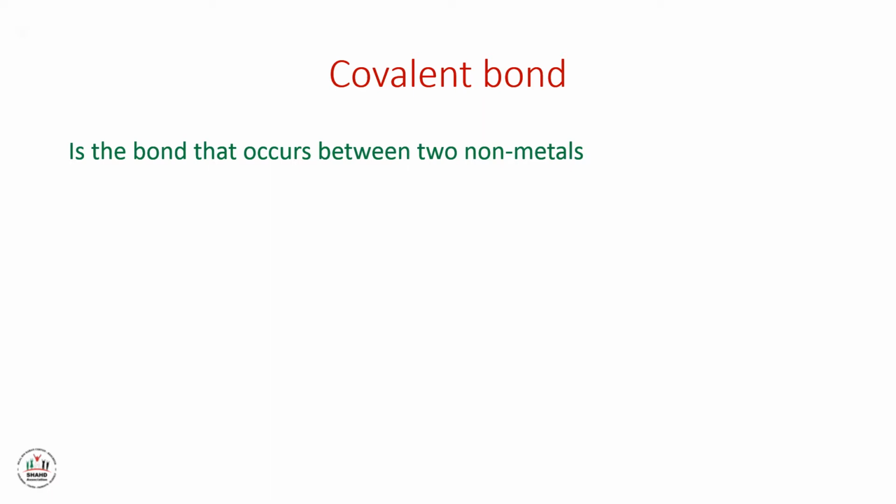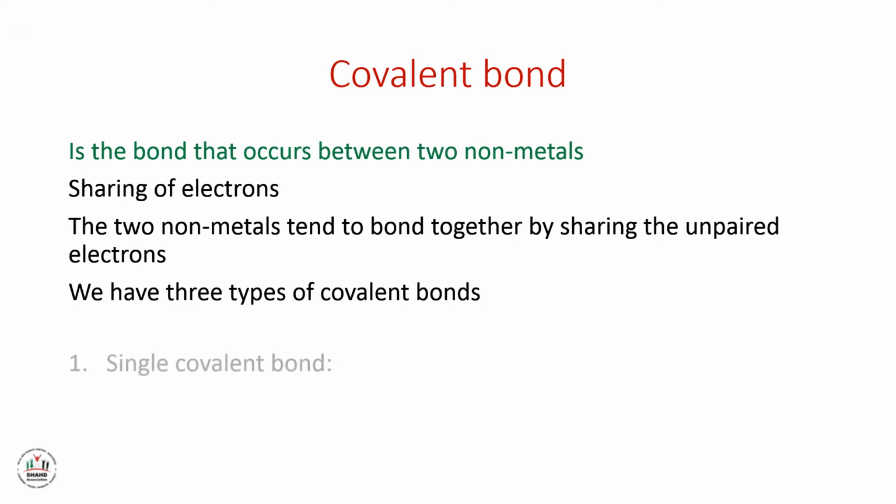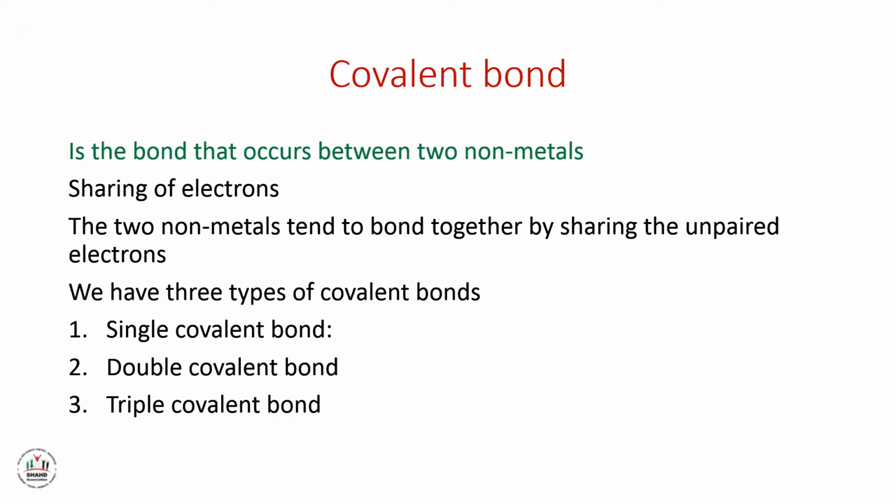In this type of bond, we have sharing of electrons. The two nonmetals tend to bond together by sharing the unpaired electrons. In this type of bond, we have three types: the single covalent bond, the double covalent bond, and the triple covalent bond.